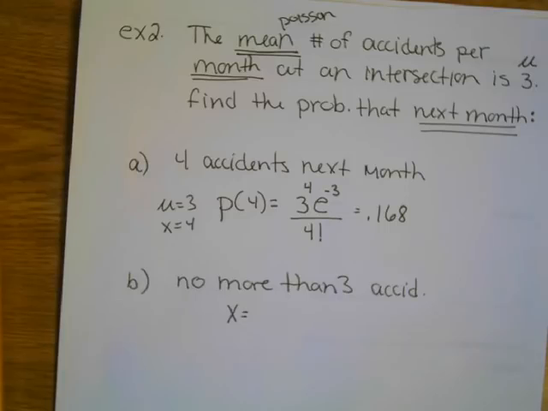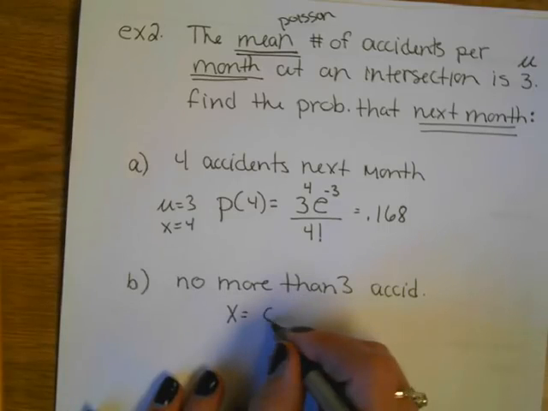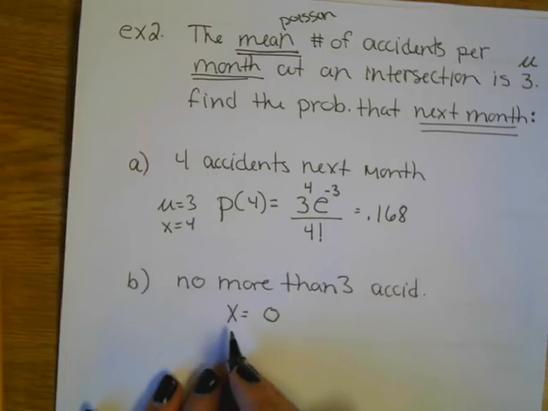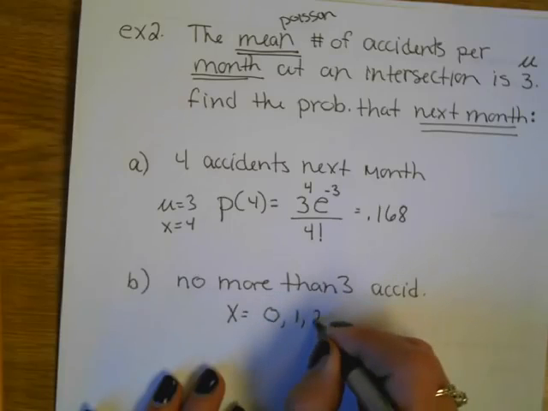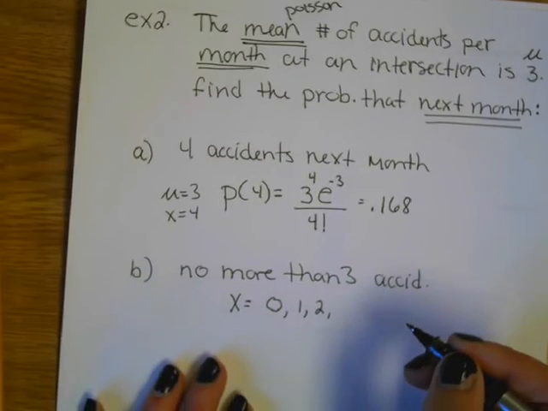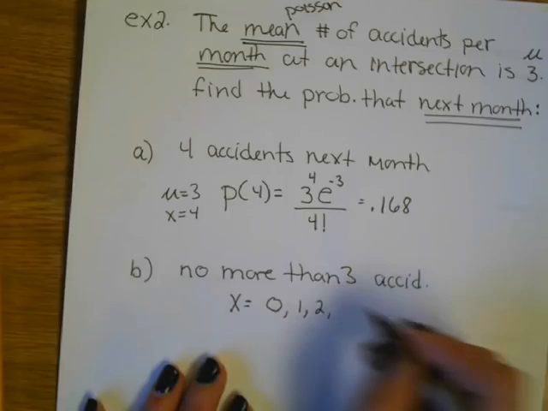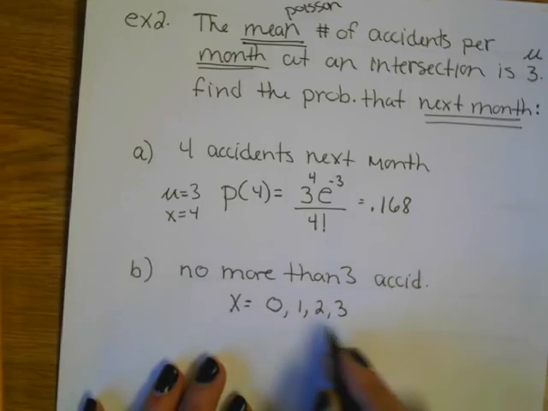Or 0. Oh, it's 0. Could there be no accidents next month? Yes. So the Poisson can have a 0 X value, the binomial can have a 0 X value, the geometric cannot. So 0, 1, 2. We're stopping at 3, including 3. We need those 4 probabilities added up. So this would be a good one to use the list.